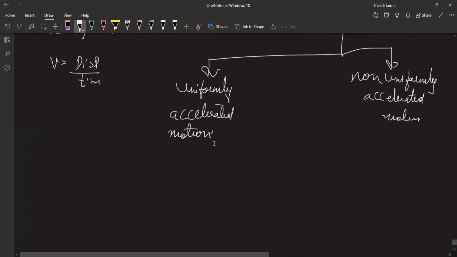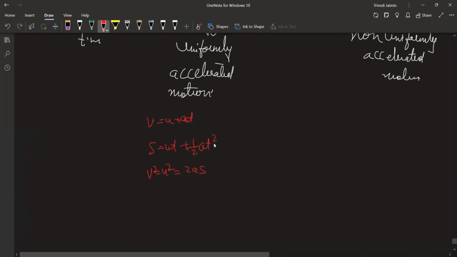For uniformly accelerated motion, we had some formulas. v equals u plus at, s equals ut plus half at square, v square minus u square equals 2as. And what we wrote here, nth: s nth equals u plus a by 2 (2n minus 1). s equals half (u plus v) into t.